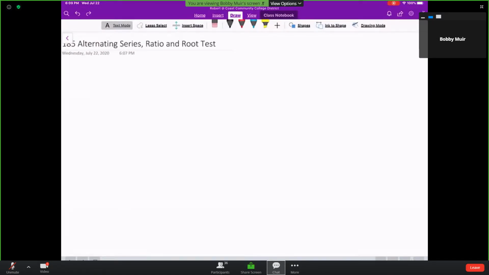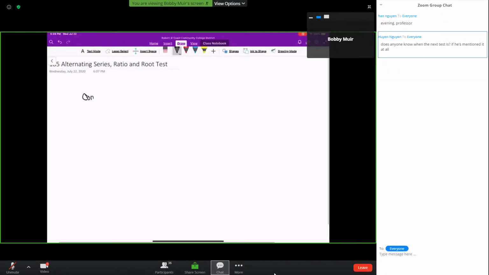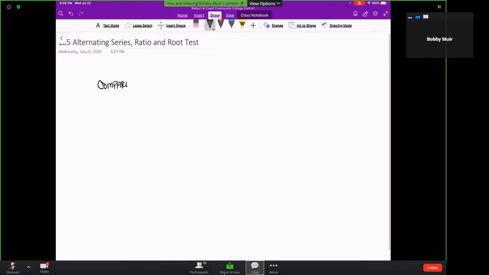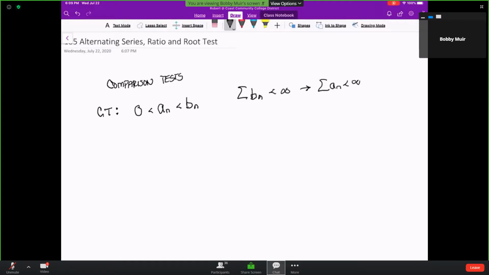So yesterday we were talking about the comparison tests. And the workhorse was the straight comparison test, where if we had two positive sequences of numbers, then if the sum of the b's is finite, that implies the sum of the a's is finite.